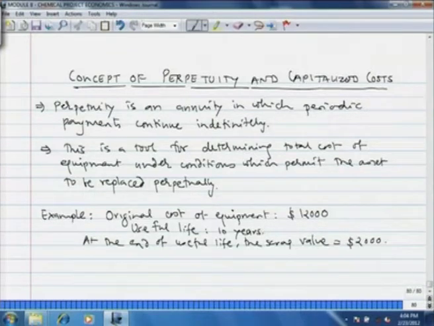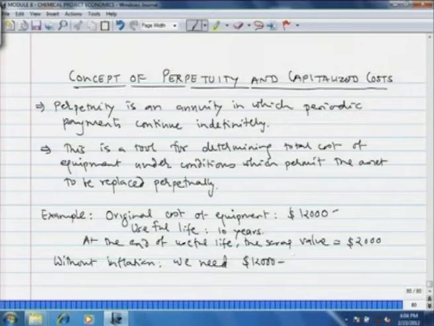So, if we assume that the cost of equipment $12,000 remains same for 10 years, which of course is unlikely, but we can assume for simplicity. Okay. Then without inflation, we need original 12,000 minus the scrap value 2,000, $10,000 for replacement of the piece of equipment every 10 years.